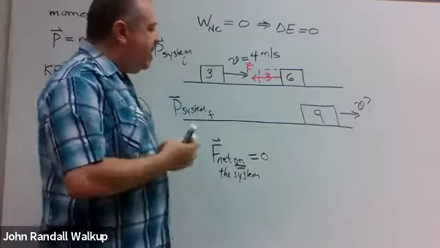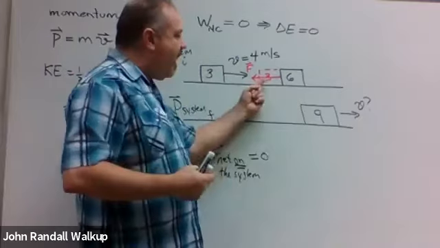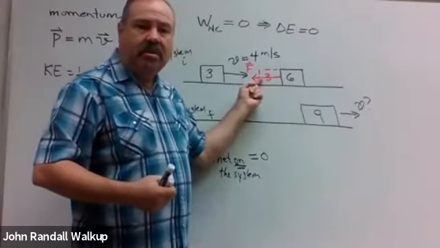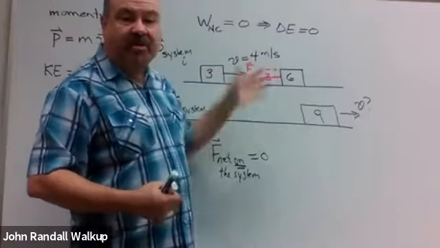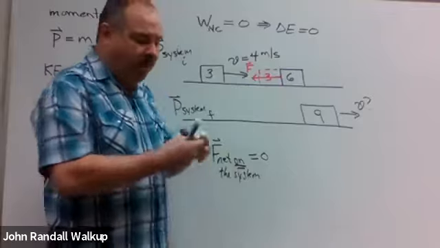And in this case, there is no other force to counteract the force of the 6 acting on the 3. Yes, there's normal force and gravity, those cancel each other out, but there's nothing to cancel the red one. You think, well, wait a minute, what about this one?